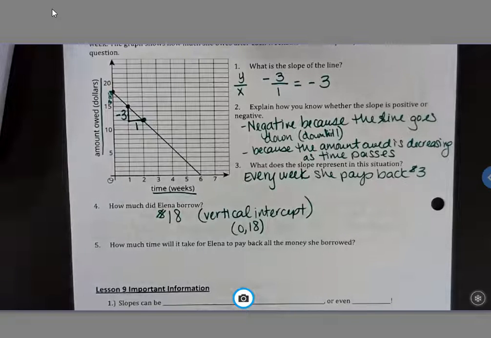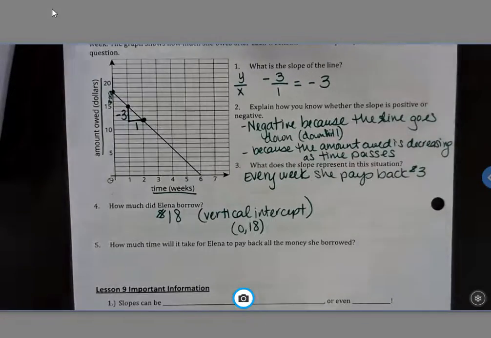Okay, then number 5 says, how much time will it take for Alina to pay back all the money she borrowed? We should be able to find this on our graph. So take a minute, pause the video, and see if you can figure out how much time it will take for Alina to pay back all the money that she borrowed from her brother.